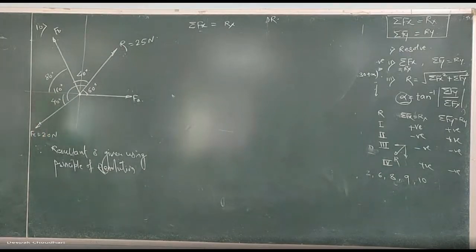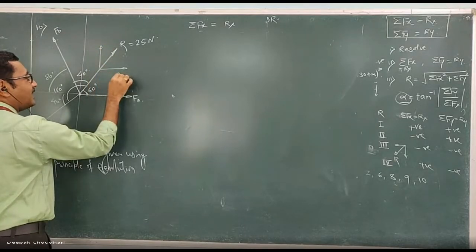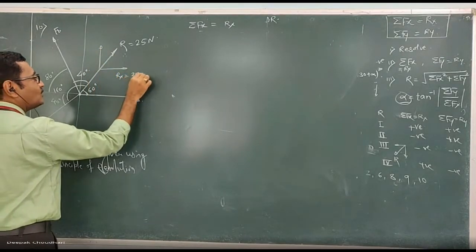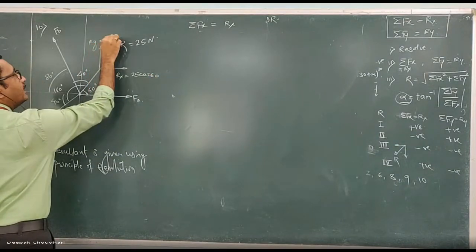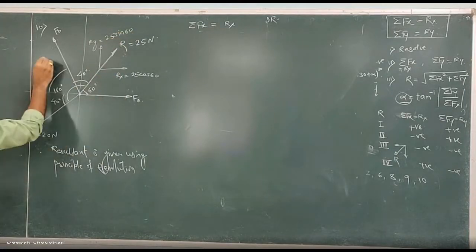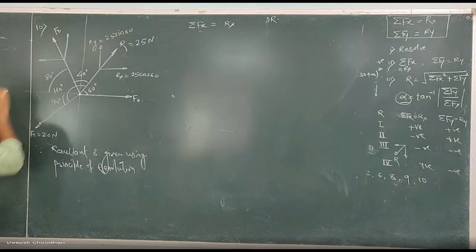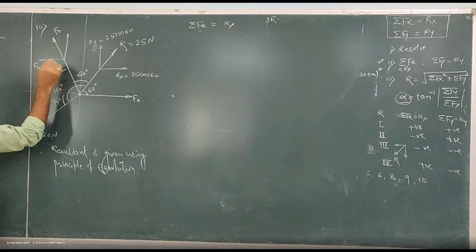Okay, now we got the angles. So let's resolve this resultant into two components. This is Rx, which is equal to 25 cos 60, and this is Ry, which is equal to 25 sin 60. Let's resolve this FB also into two components. It is in the second quadrant, so the x component is left, y is upward. This will be FB cos 80.